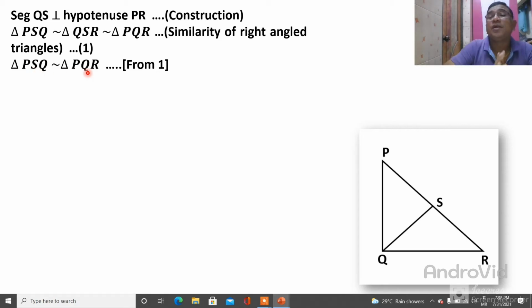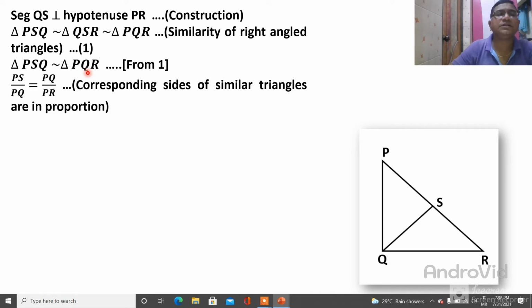If the triangles are similar, then their corresponding sides are in equal proportions. So we write the corresponding sides. First, PS corresponds with PQ, so PS upon PQ. Second, PQ corresponds with PR. You can write three correspondences, PS/PQ, SQ/QR, PQ/PR, and then take any two.